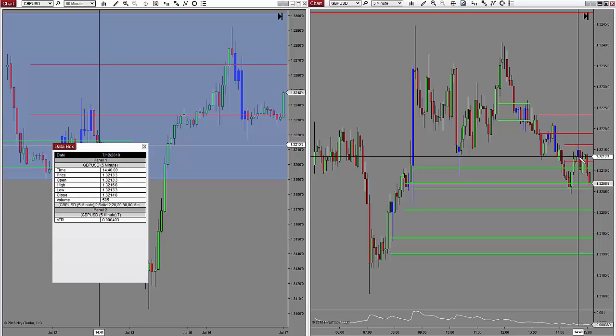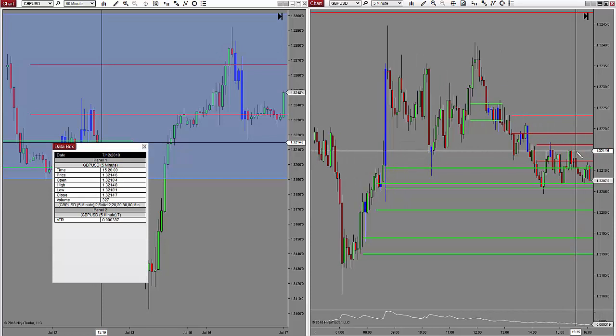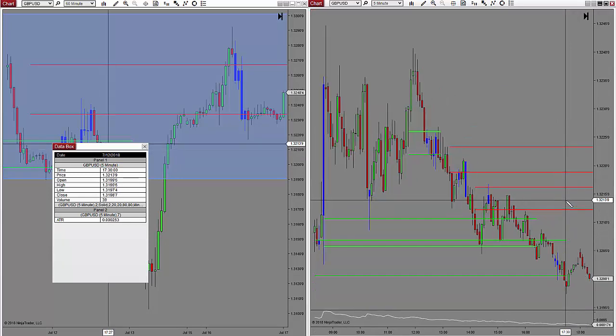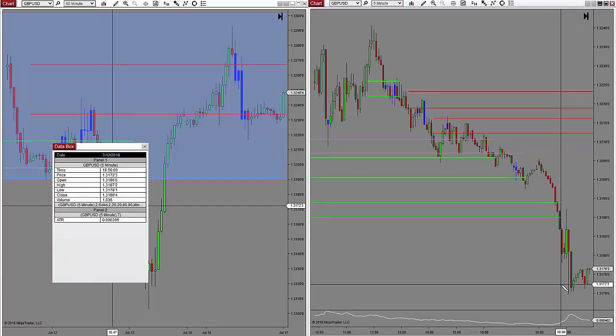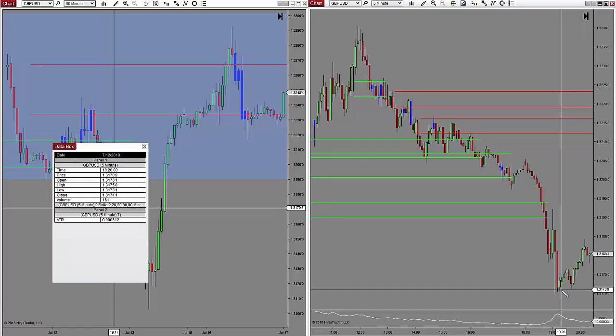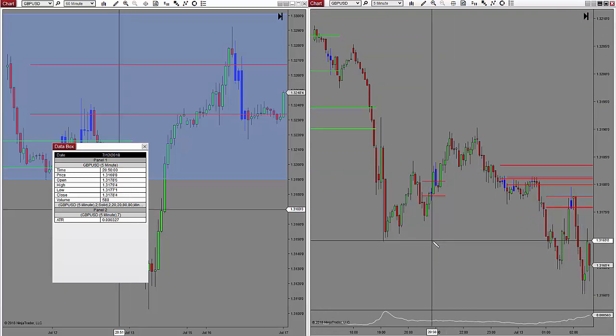I need a 40 pip move. So now I got to do some math here. So what is that going to be? 31.72? I think so. And there we go. There's your target, right? And it keeps going in case you, for whatever reason, didn't get filled.